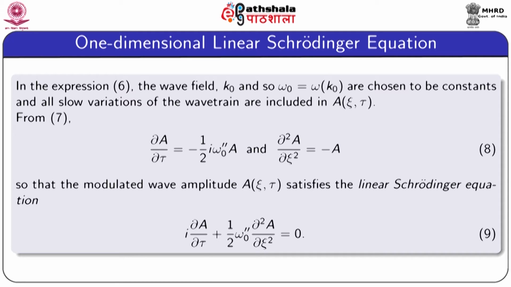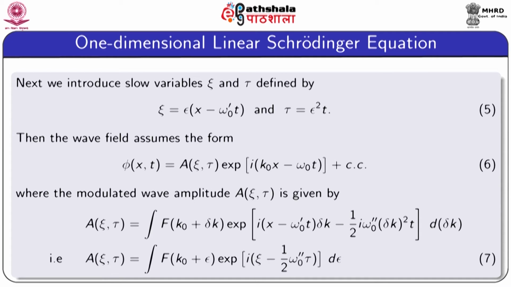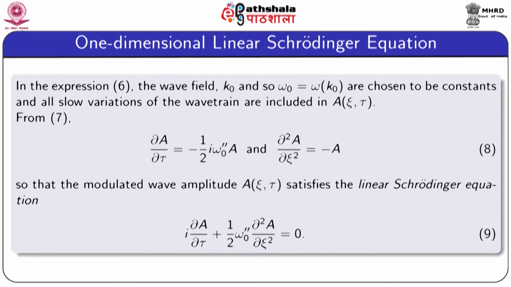Now we compute del A/del tau, the variation of A with respect to the slow variable tau, which can be computed from the expression of A given in equation number 7. So from 7 we can easily find del A/del tau equals minus half i omega 0 double dash A and del 2A/del xi squared equals minus A.